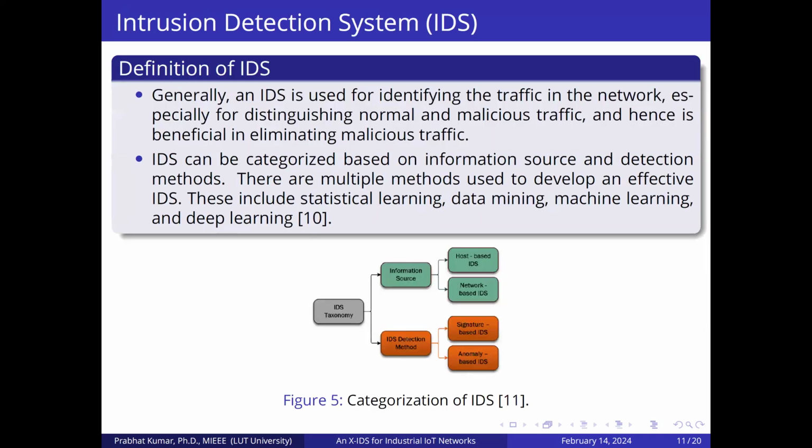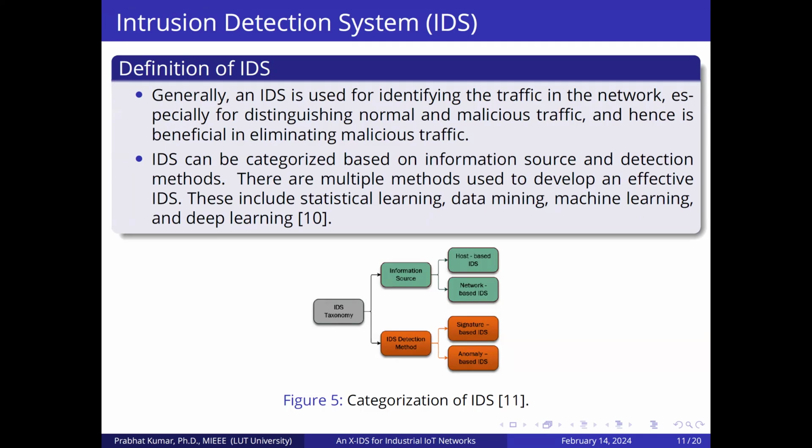So just to give you general information about intrusion detection systems, because everyone is working on a system, you are using a firewall, but from an organization point of view, every organization uses an intrusion detection system, whose ultimate goal is to identify the traffic in the network which is coming from a malicious user.